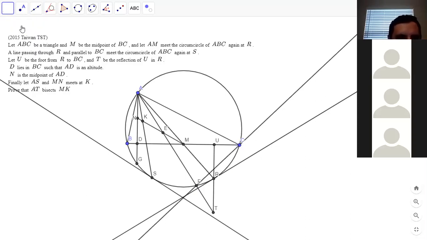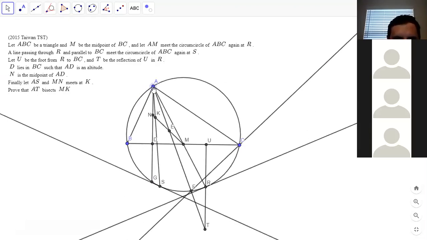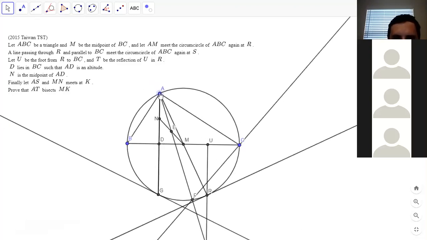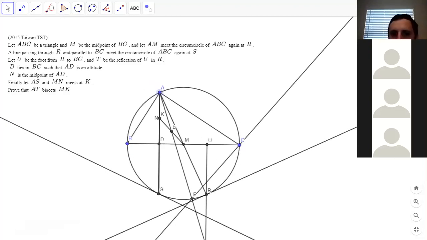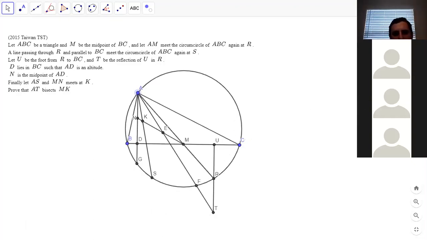It's close, but if A is right there, it doesn't look harmonic. So yeah, AS is a symmedian. I'll just draw RS. I feel like it helps me visually.